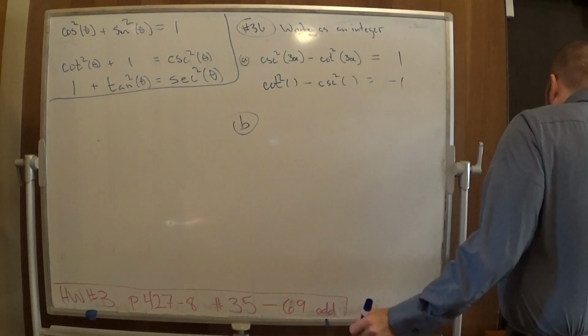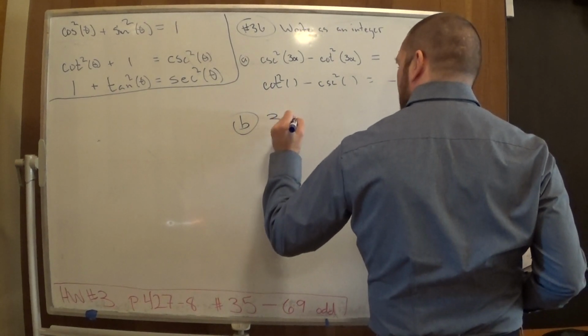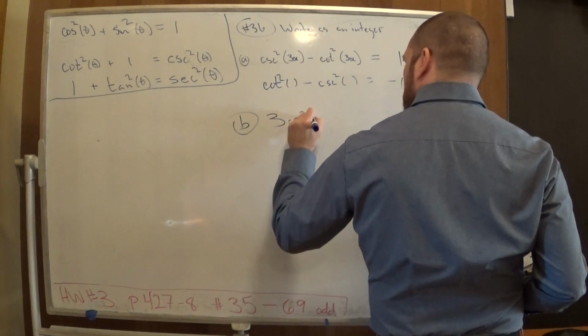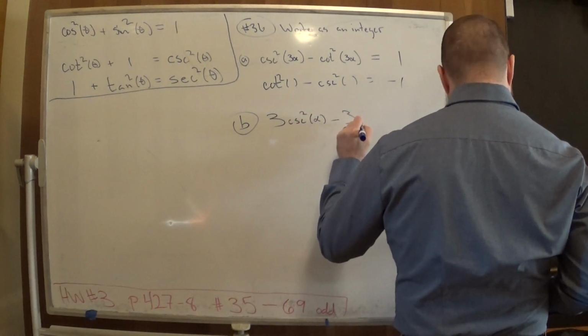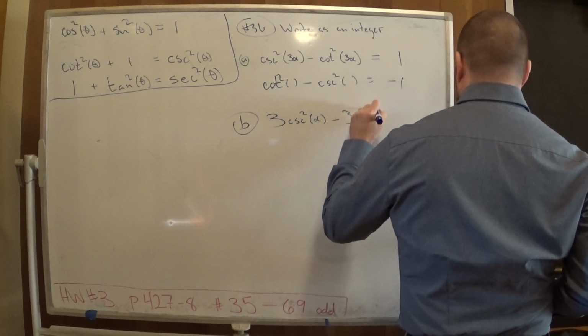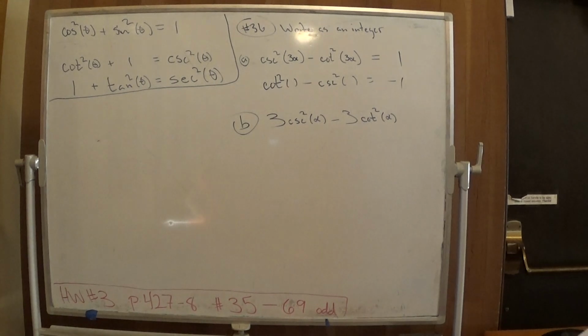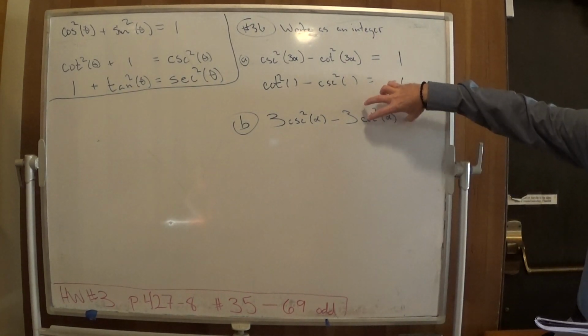B is just as simple, but there's a trick. They give you 3 cosecant squared alpha minus 3 cotan squared alpha equals what? And the thing is, remember, this is just a number. It's some number. It's like a 7.